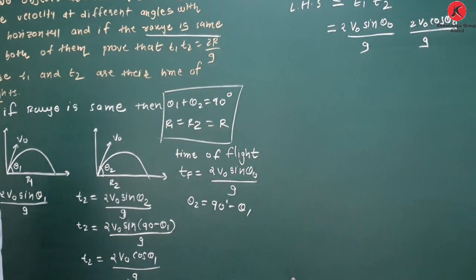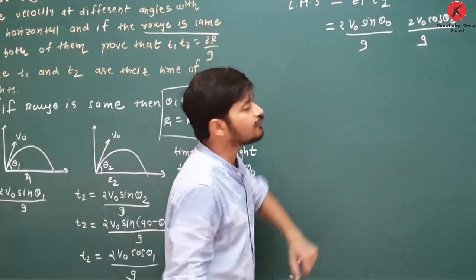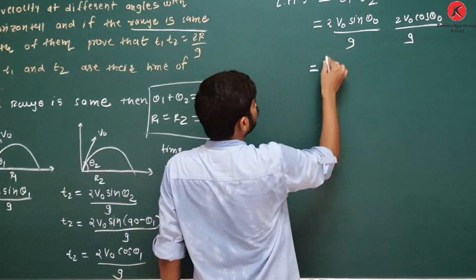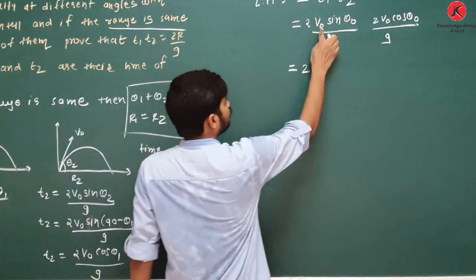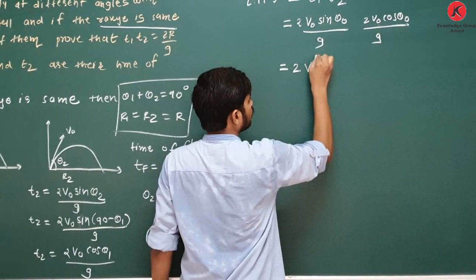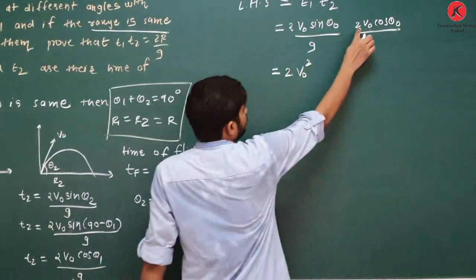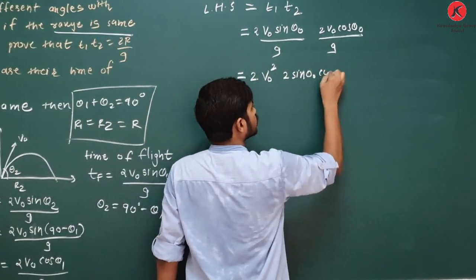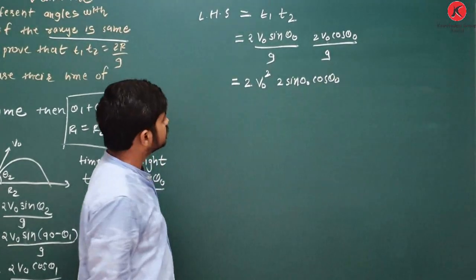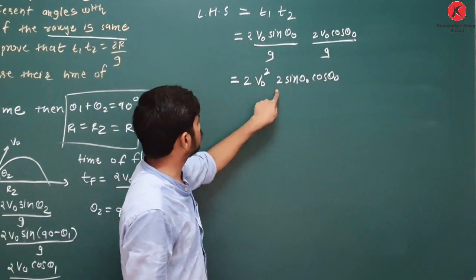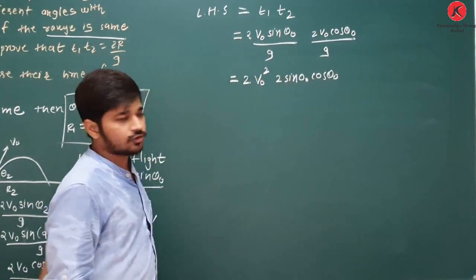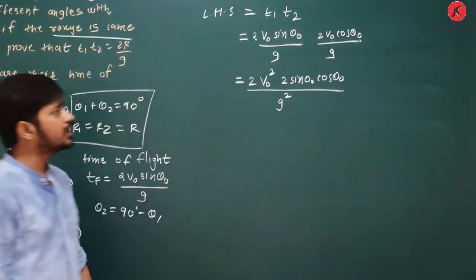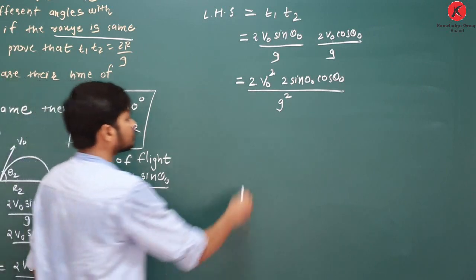Now see how to write this. This 2 as it is, with the other 2; V0 into V0, V0 squared; sin theta, cos theta; upon g squared, or I can also write it as g into g.